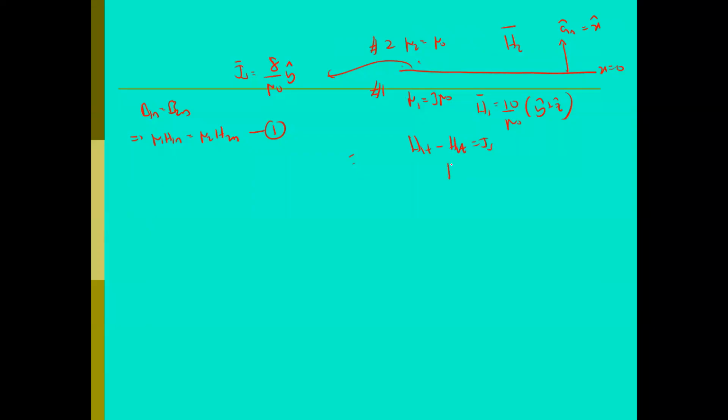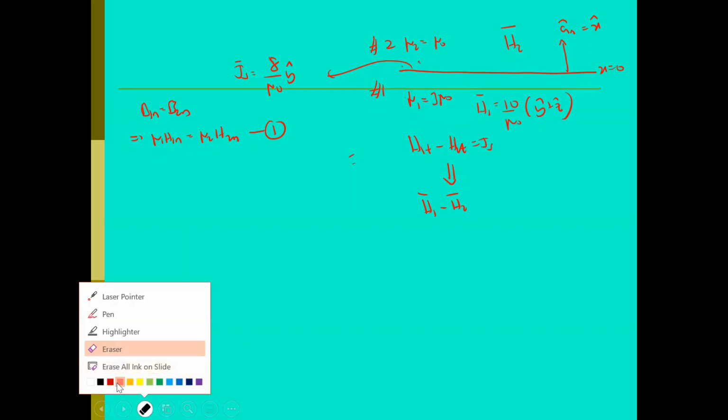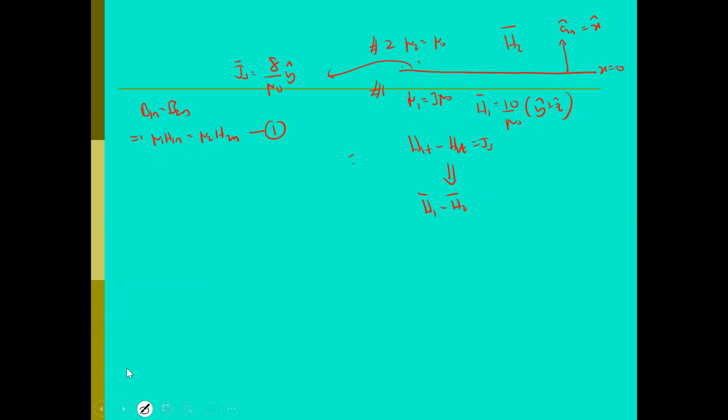What we do now is rewrite this in terms of vectors: H1 vector minus H2 vector, cross product with the unit vector n12, equals the JS vector. Okay, so this is based on what we have seen previously in the boundary condition formulations. Going to use this equation then.